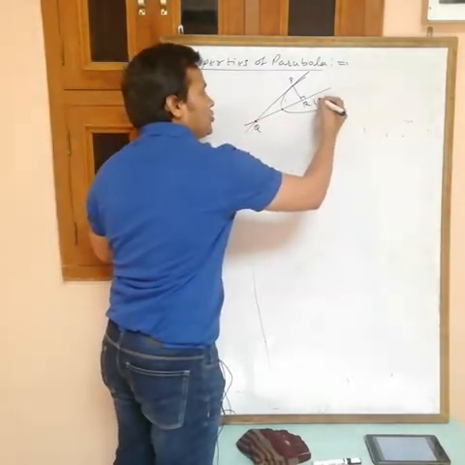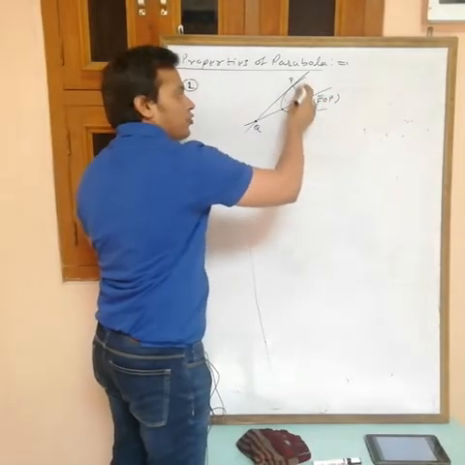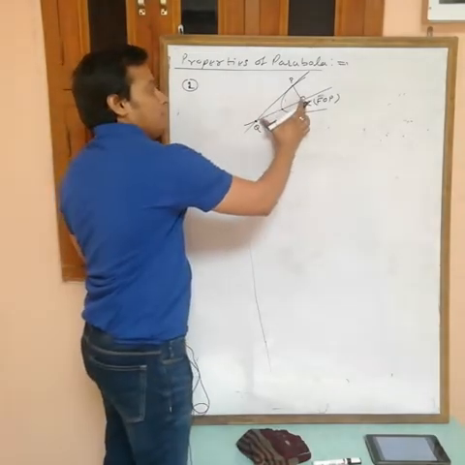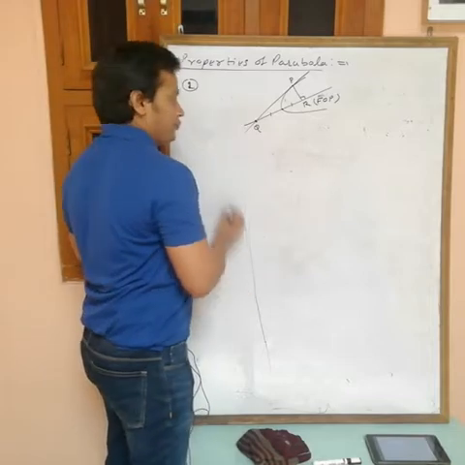This R is the foot of perpendicular from P. This line segment is bisected by the vertex, it means this length is equal to this one.